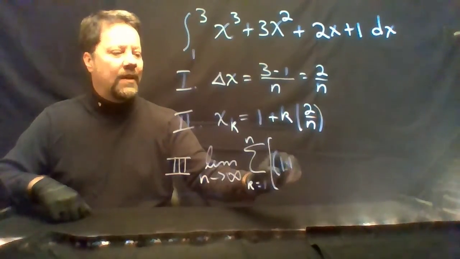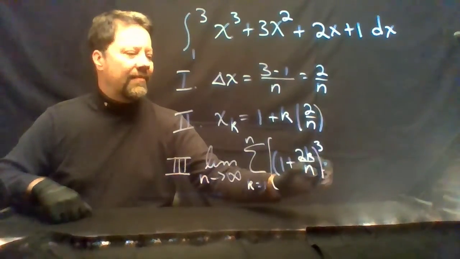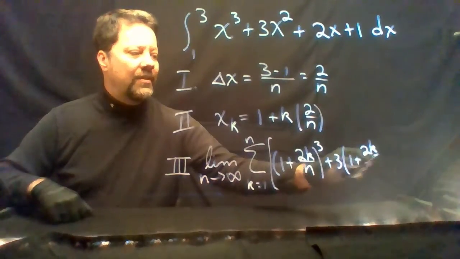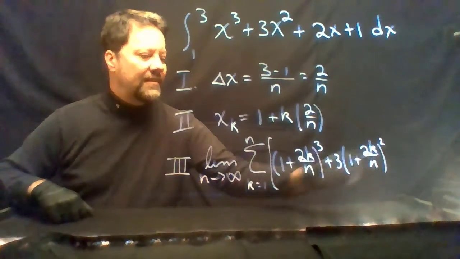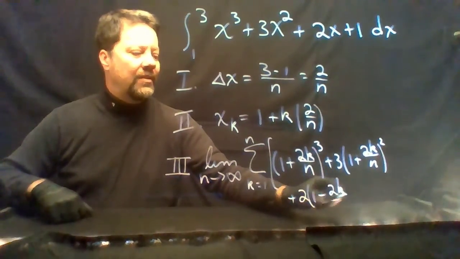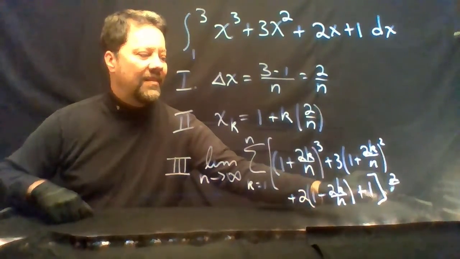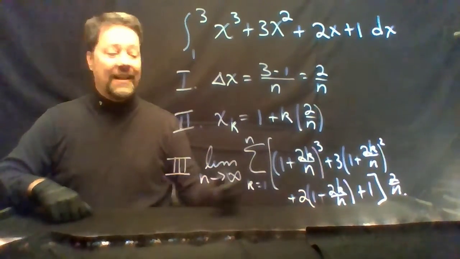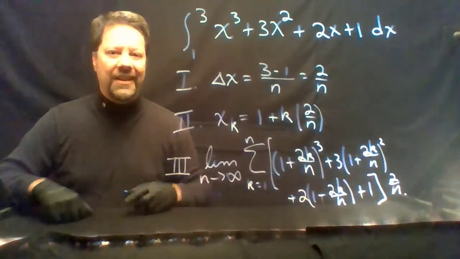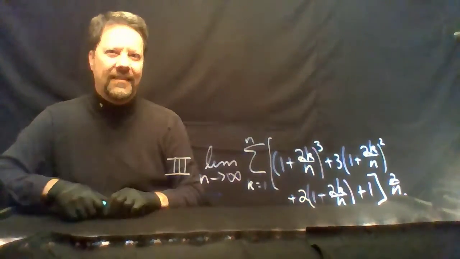So that's going to be 1 plus 2k over n cubed plus 3 times 1 plus 2k over n squared plus 2 times 1 plus 2k over n plus 1, all times 2 over n. The 2 over n can be factored out of the sum, but not out of the integral, but not out of the limit.